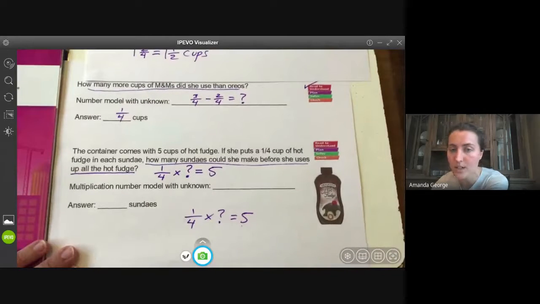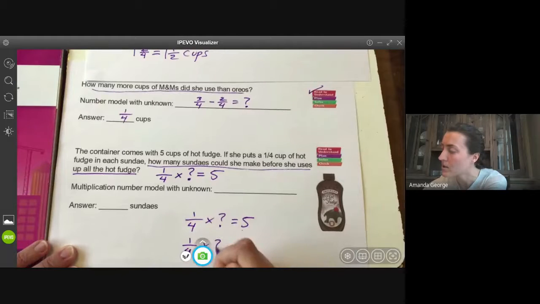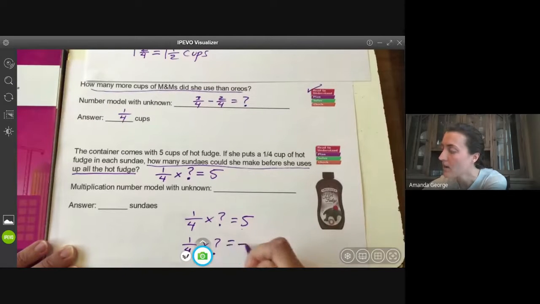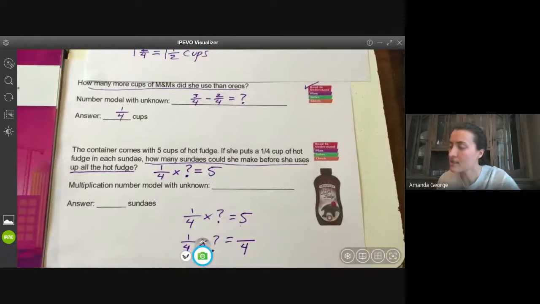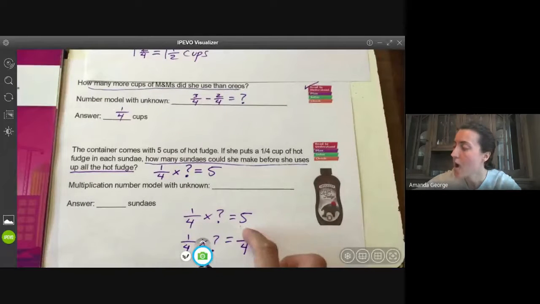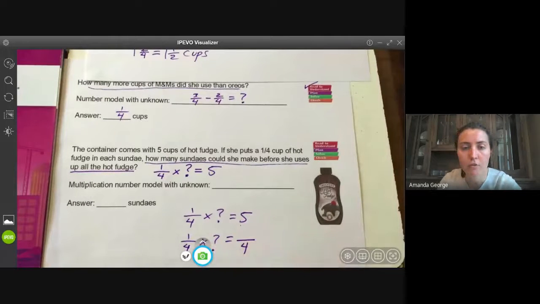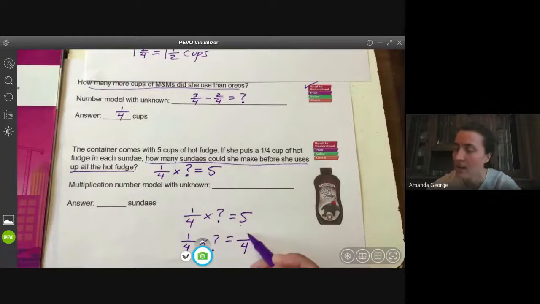5 is a little tricky for me to work with. So I am going to say, 5 is the same as how many fourths? What would go in that numerator? Type it in the comments if you know what would go in that numerator.